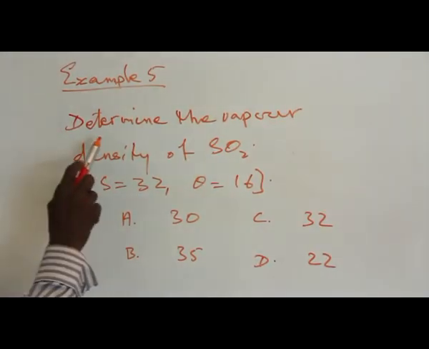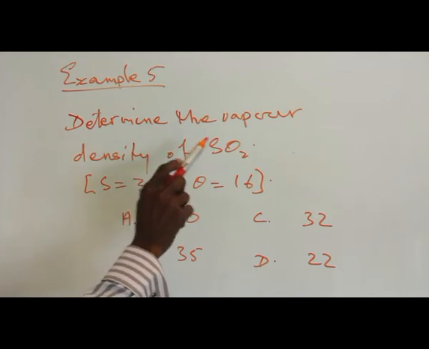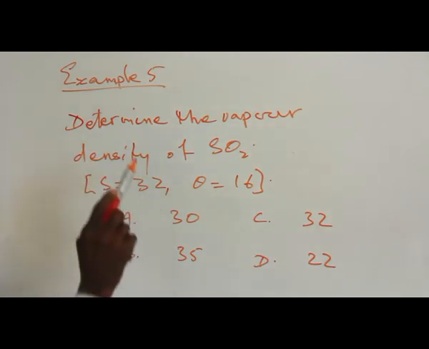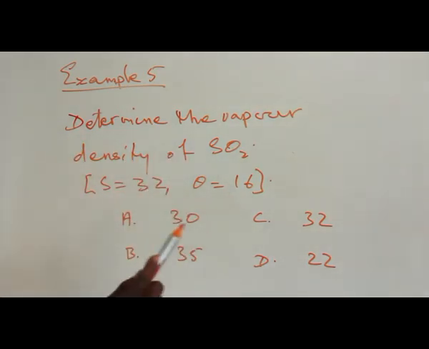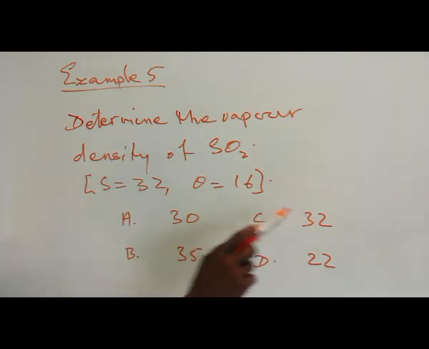5. Determine the vapor density of sulfur(IV) oxide, given that the relative atomic mass of sulfur is 32 and oxygen is 16. The options are A 30, B 35, C 32, and D 22.